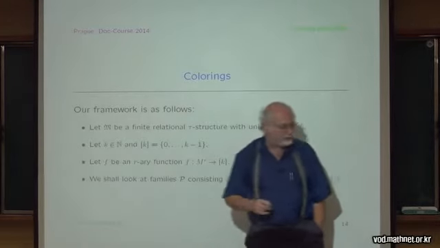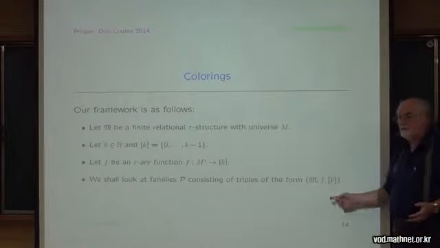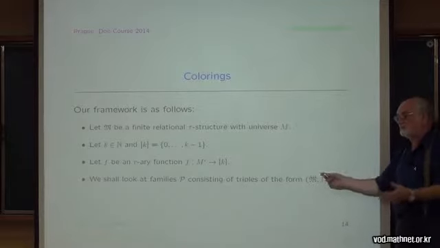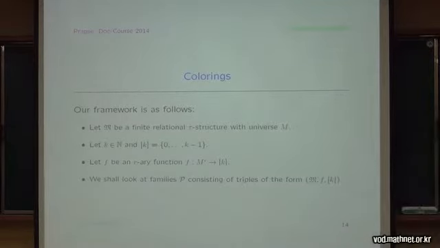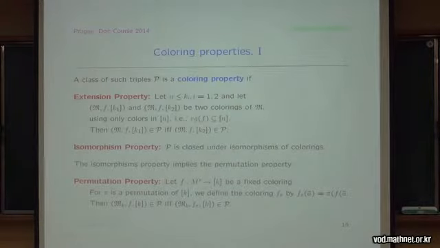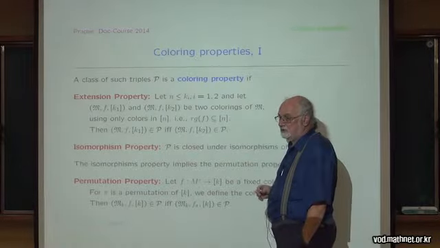And then you can look at properties of structures like this. So this is just a family of objects of this form, which is closed under isomorphism, suitable for this type of structure. So we have properties of these objects. And we say a property is a coloring property.